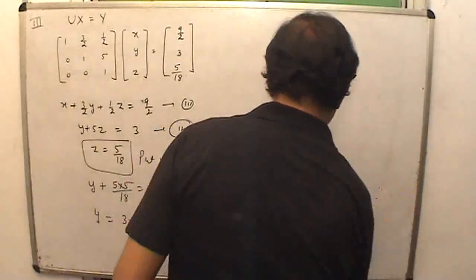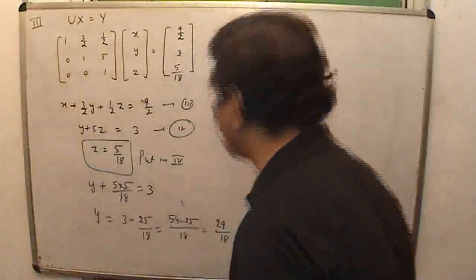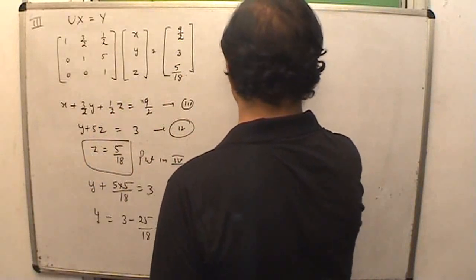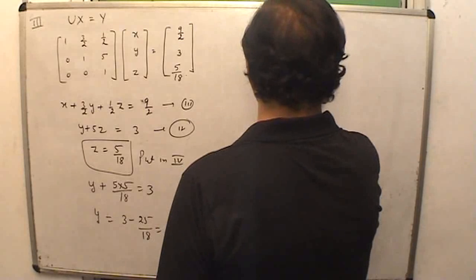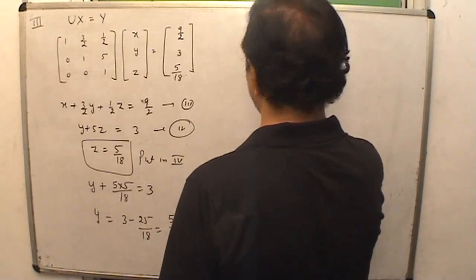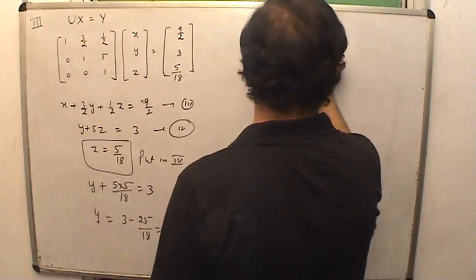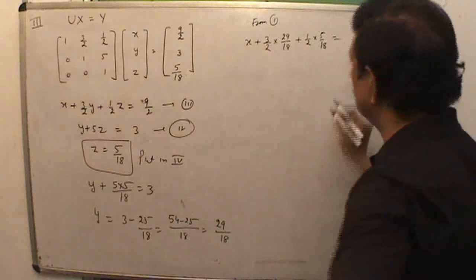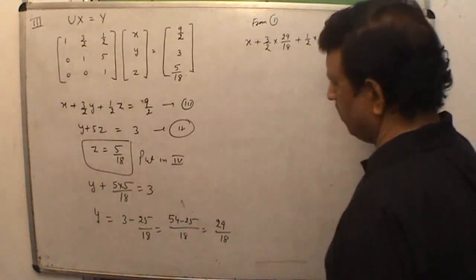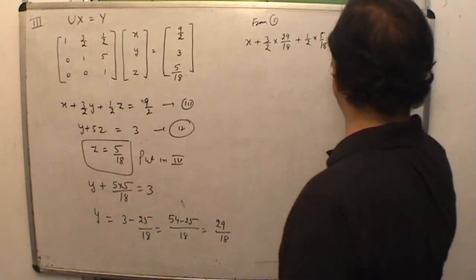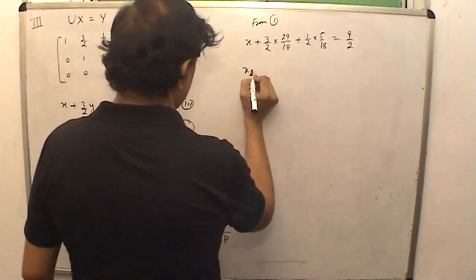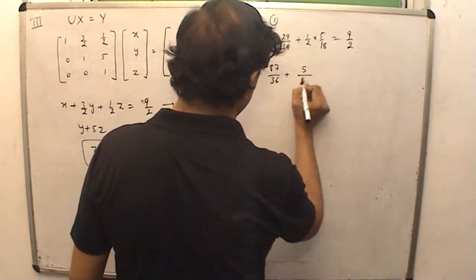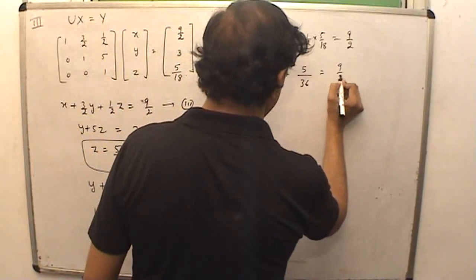And we put these values in number 1, that is x plus 3 by 2 into 29 by 18 plus half of z into 5 by 18 is equal to 9 by 2. x plus 87 divided by 36 plus 5 divided by 36 is equal to 9 by 2.